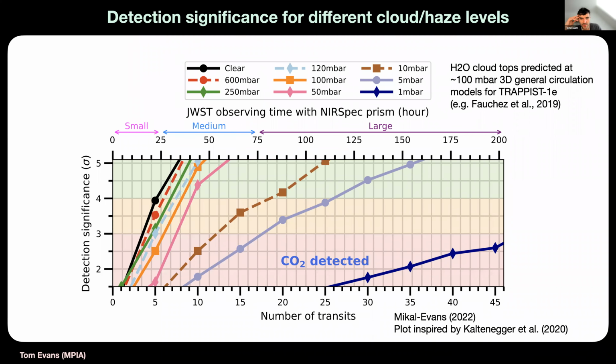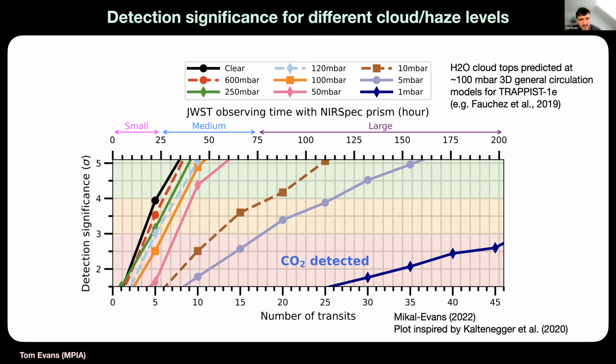So in short, for clouds at 50 millibar pressures or higher, so the pink line and leftwards, and down to a clear atmosphere, 5 sigma detections would be possible within the scope of a medium program of 60 transits or fewer.